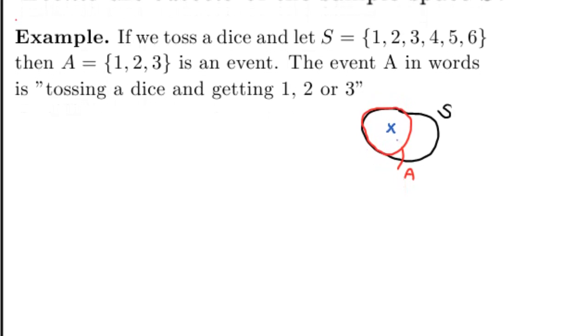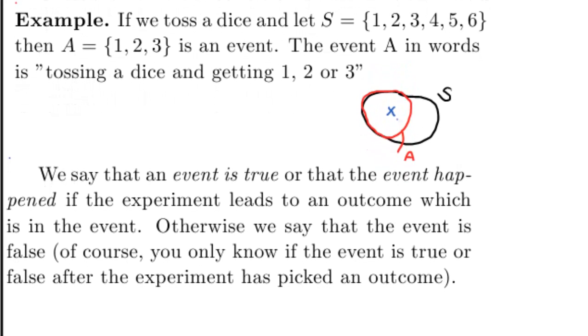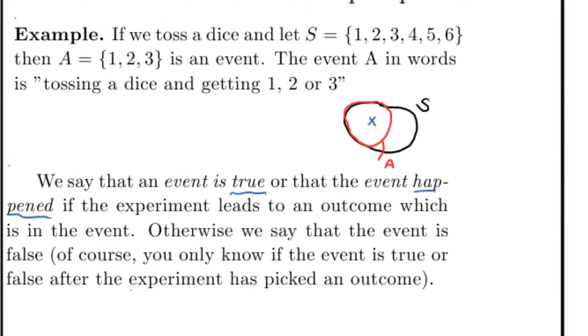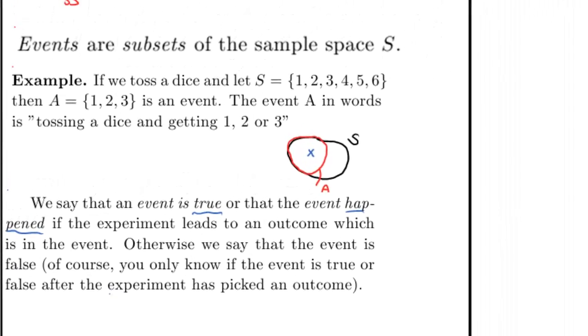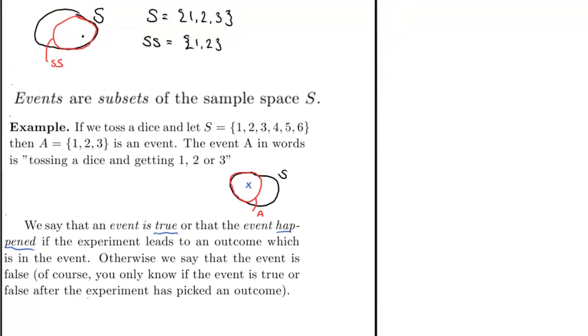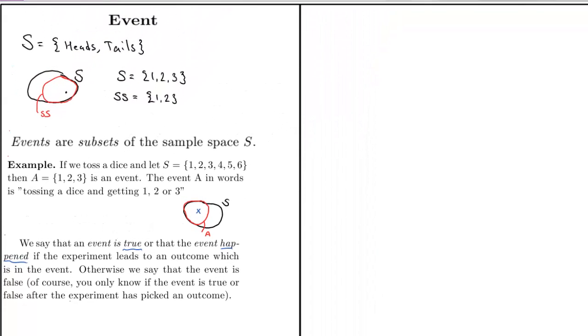So the event is true, or we say that it happened, if the experiment leads to an outcome which is in the event, such as tossing a 2 in the previous example. The event is false, or it did not happen, if the experiment leads to an outcome which is not in the event.